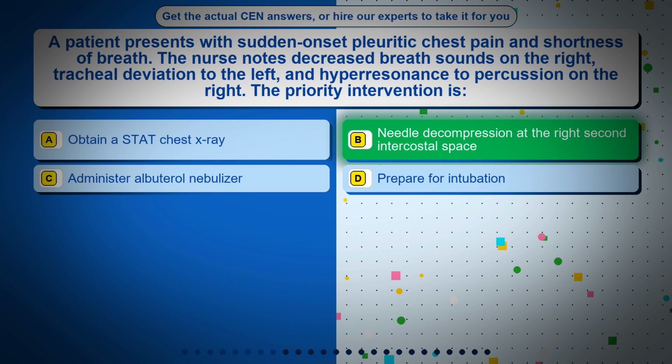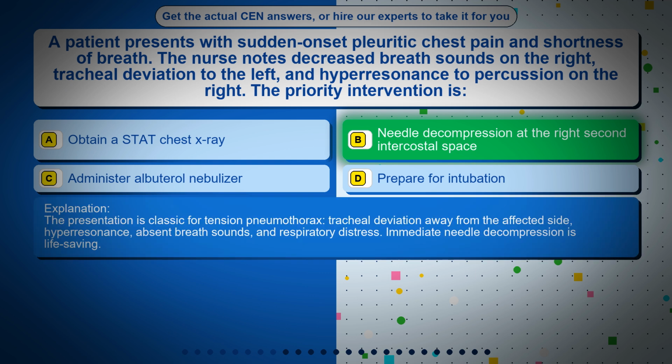The correct answer is Option B, needle decompression at the right second intercostal space. The presentation is classic for tension pneumothorax: tracheal deviation away from the affected side, hyperresonance, absent breath sounds, and respiratory distress. Immediate needle decompression is life-saving.